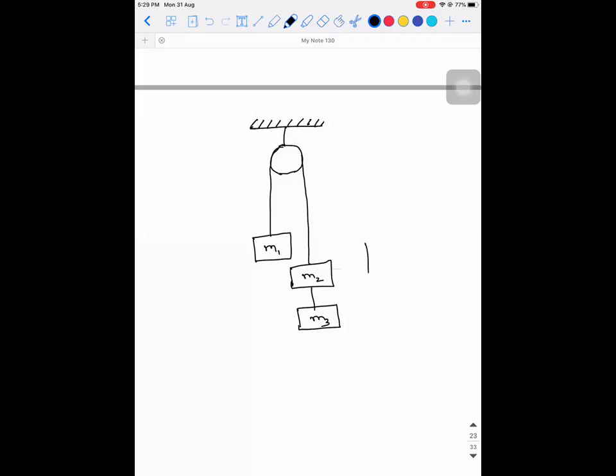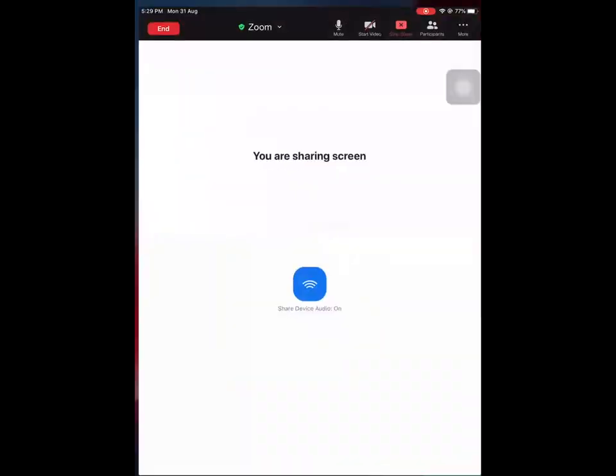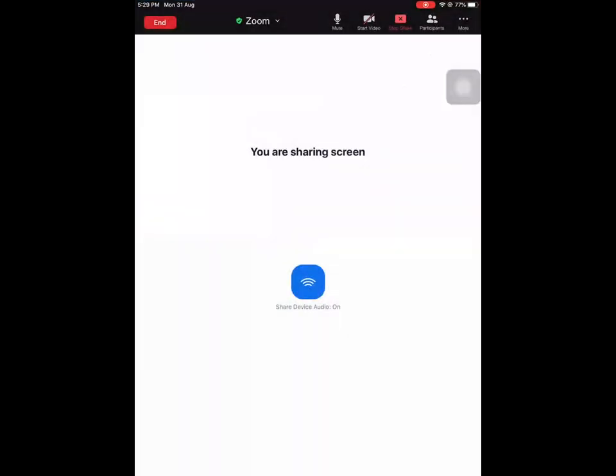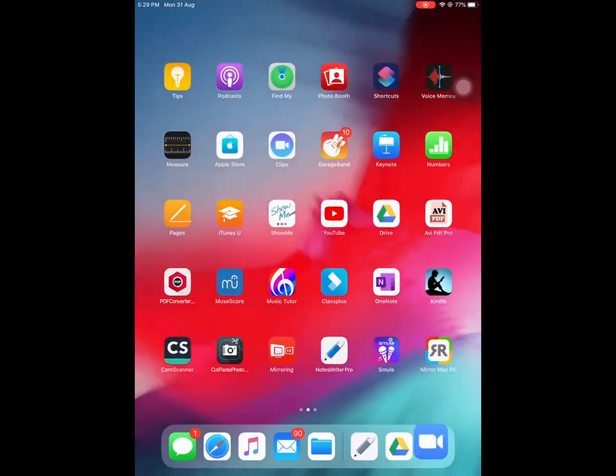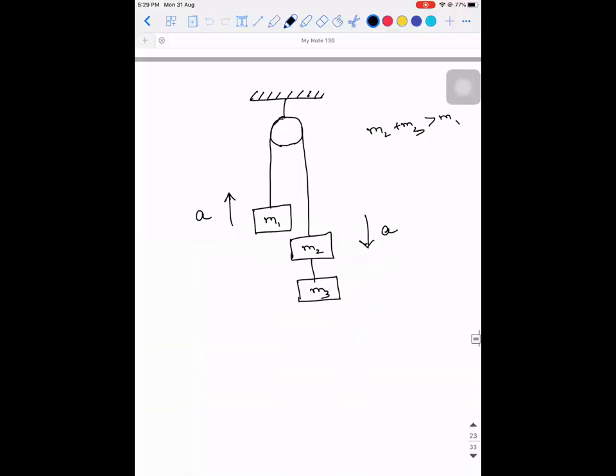We need to find the acceleration of the system. Though I'm saying M2 plus M3 is greater than M1, means this will move in the downward direction, this will move in the upward direction. They both have the same acceleration A. Our work is to find the acceleration of both.